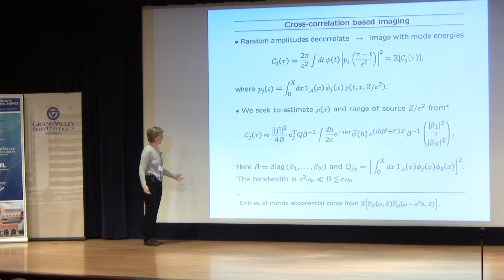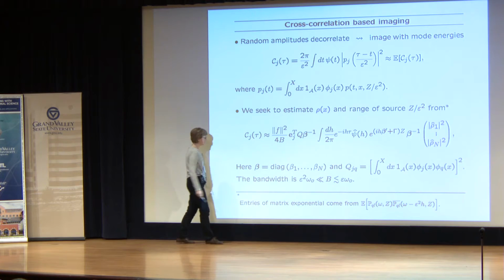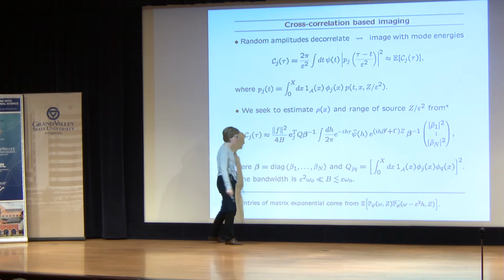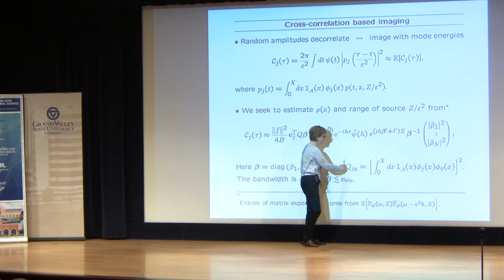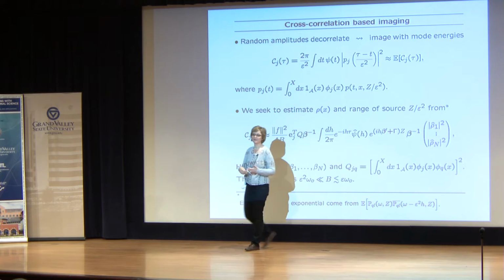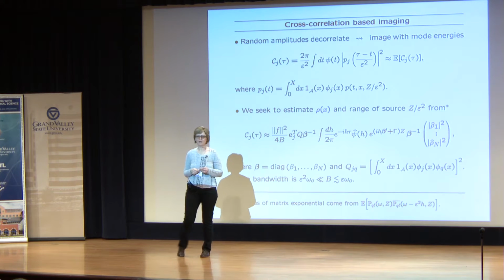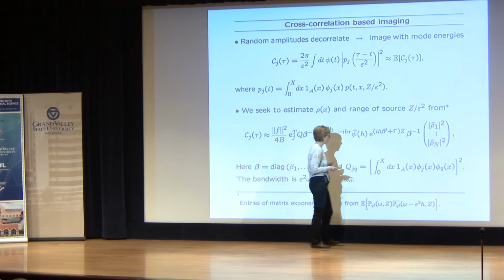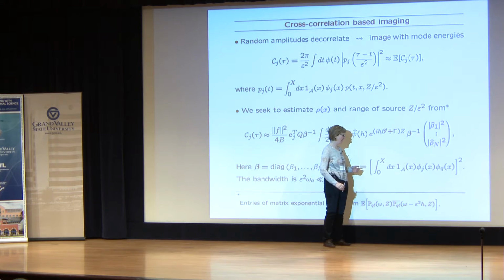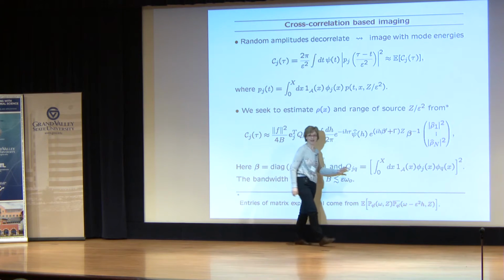And here I introduce some matrices. So this beta is the diagonal matrix with the mode wave numbers. There is this matrix Q, which is just a coupling matrix due to the aperture of the array. If you are in a very fortunate situation that the array spans the whole waveguide, then this matrix Q is the identity.